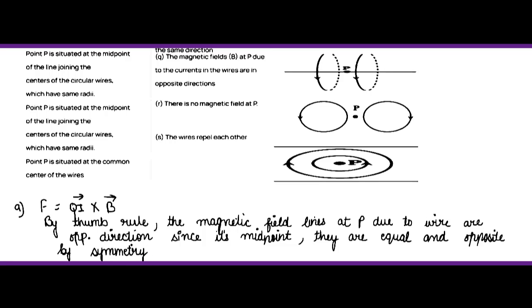So what will happen, guys, they will cancel each other's effect and hence the resultant is 0. Now if we move towards the options, which option is right?